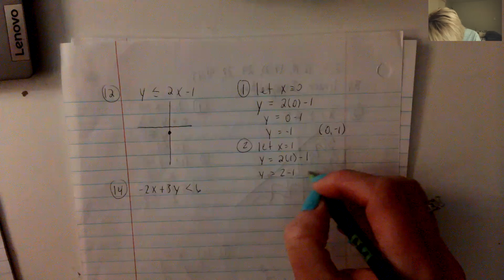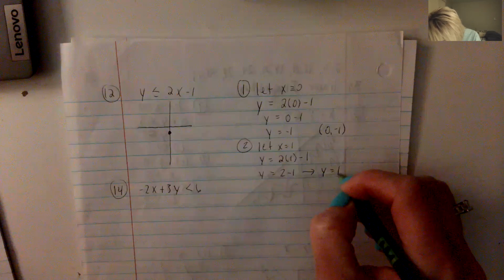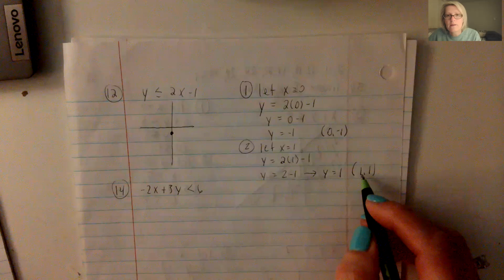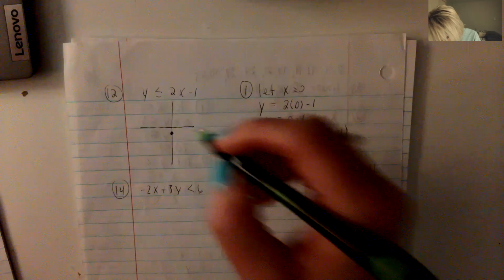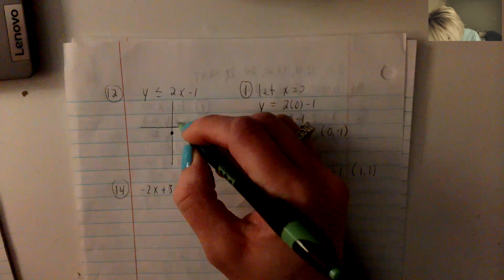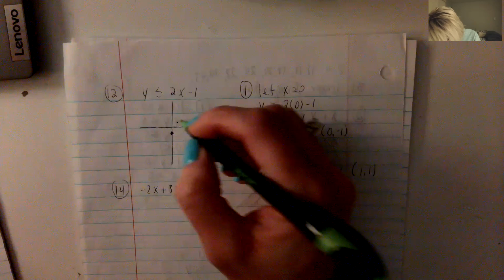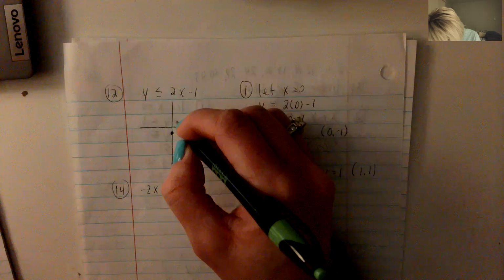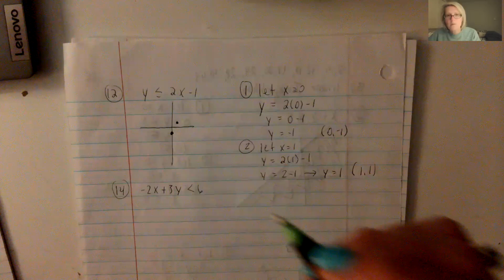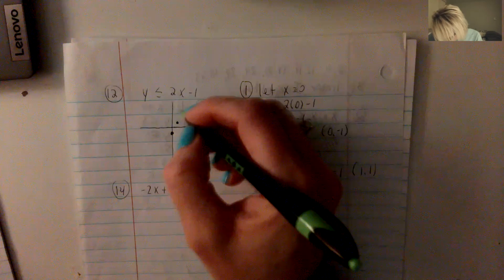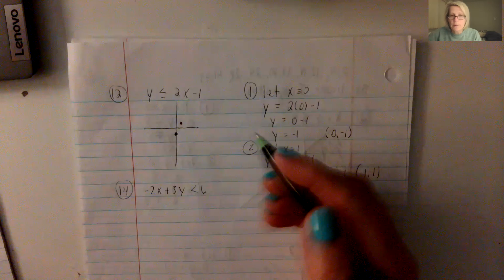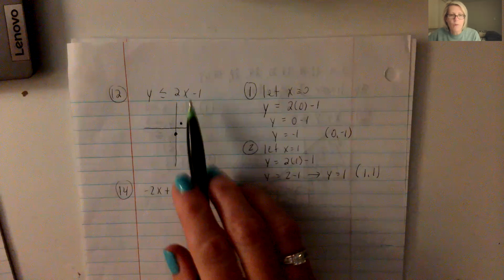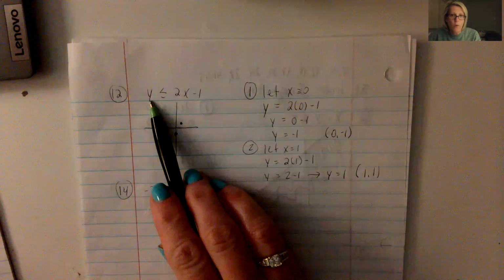So Y equals 1. So we've got the point 1, 1 as another point on our graph. So over 1, up 1. Okay, so remember, we just have to find 2 points to be able to draw the line, and whatever X you put in, you just have to find a Y that goes with it.